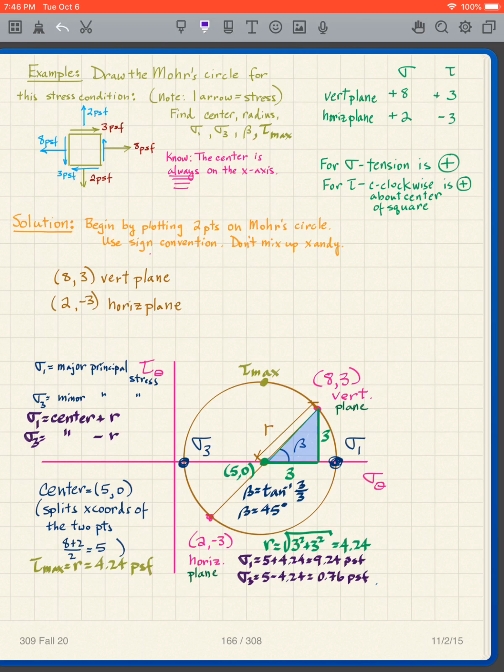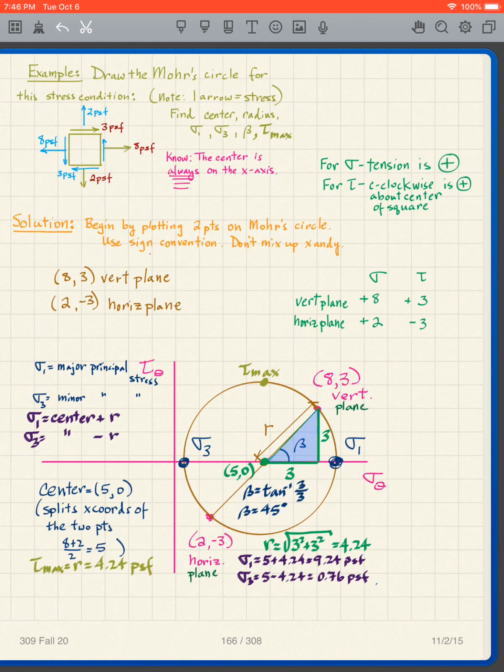Okay, so here's my stress condition, and I'm going to draw the circle and get these things. All right, the first thing that we have to do is recognize the different planes and things. So maybe I'm going to move this down a little bit, because this is really part of the solution here.